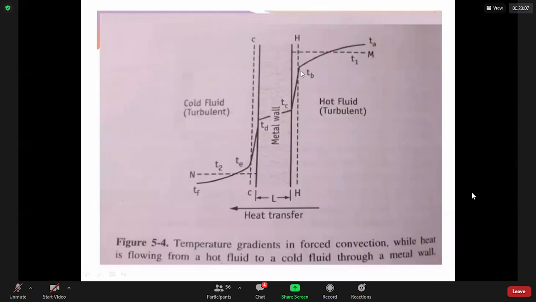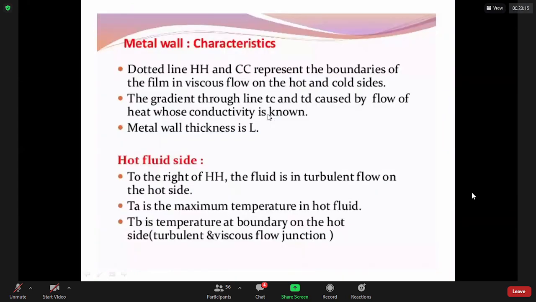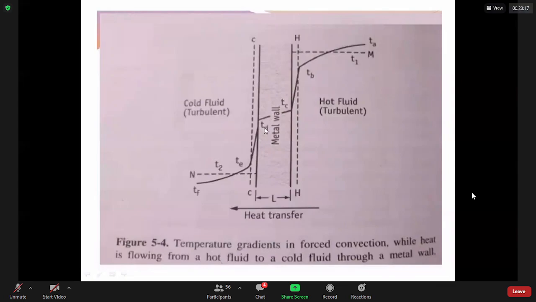We also have the temperatures TB, TC, TD, and TE. We are going to define all those temperatures, but note that diagram: that's the temperature gradient in forced convection, where we have a stirrer or an agitator, with heat flowing from a hot fluid to a cold fluid through a metal wall. And the metal wall is this one, which has been indicated.